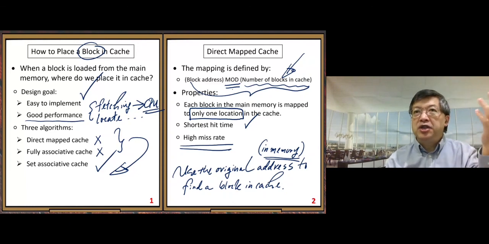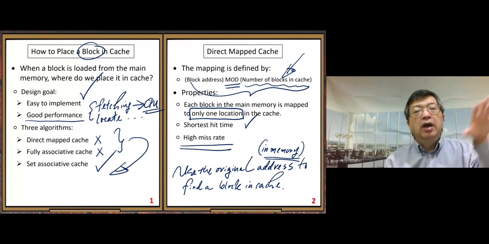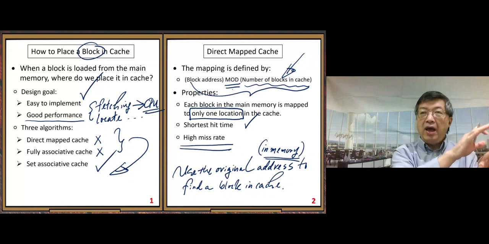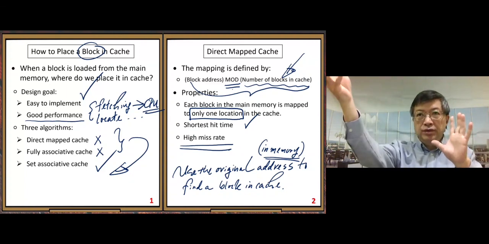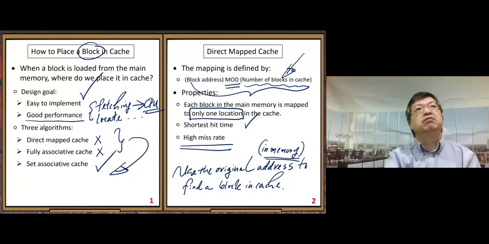So the next time, if the CPU needs to use the data from the old block, it's a cache miss. Then the CPU needs to send a signal to main memory to load that old block another time.